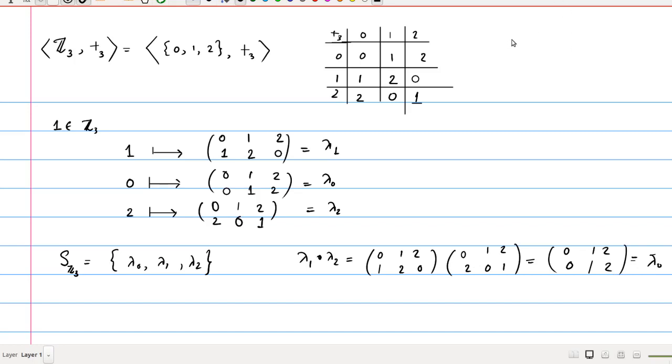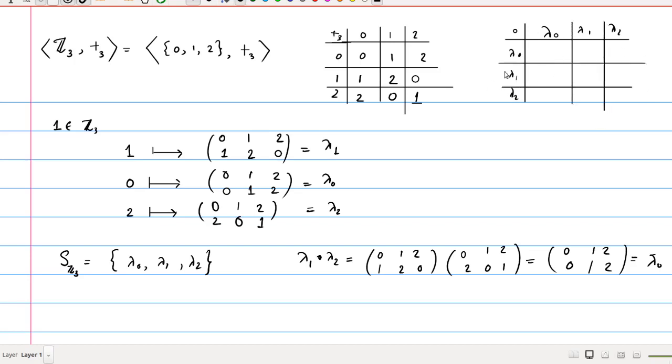Okay, so in a similar fashion, you can see that this forms a group with respect to composition. So these elements are lambda naught, lambda 1, lambda 2, and with respect to permutation multiplication, or composition, this is a group.